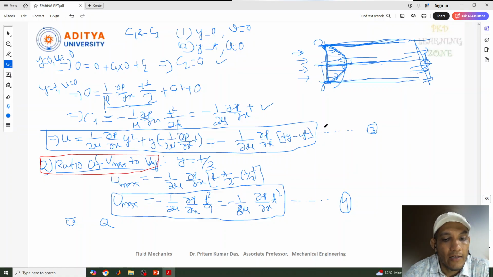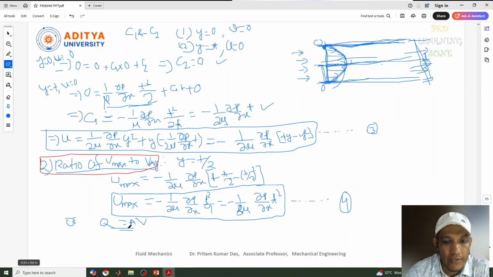We know from the continuity equation that Q equals A V, the velocity at a distance y times the area of the strip.